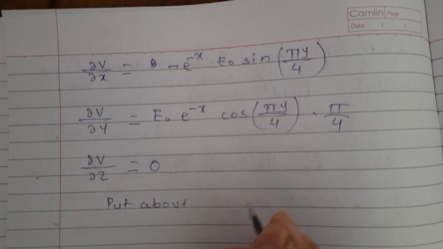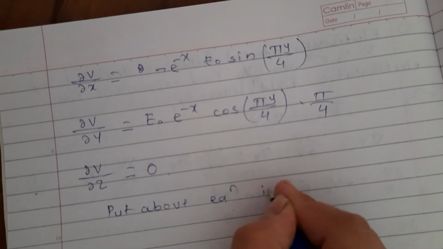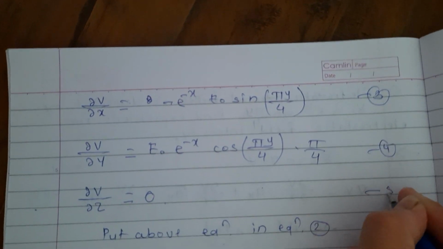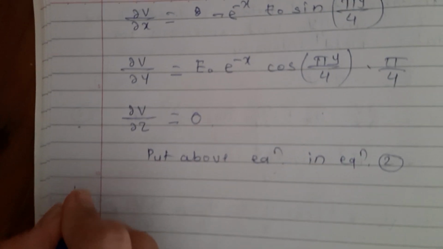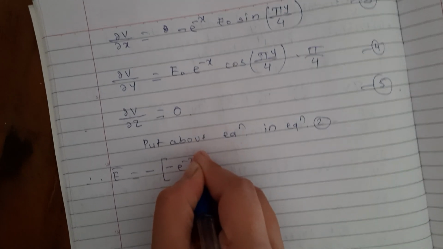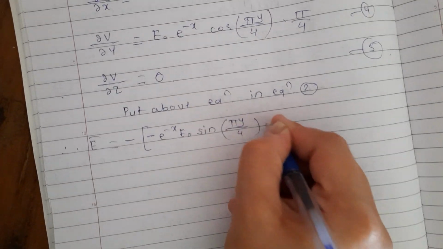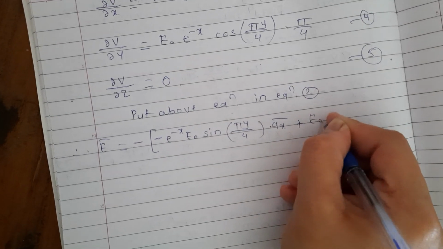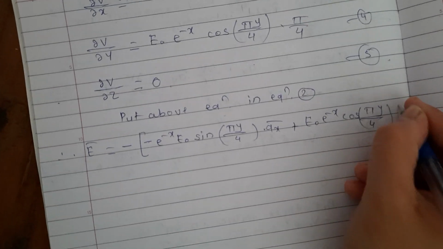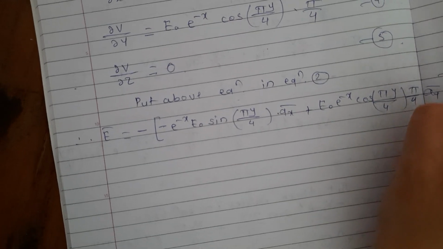Put the above equations in equation 2. This is 3, 4 and this is 5. So our equation is E bar is equal to minus of minus e raised to minus x E0 sine of πy by 4 ax bar plus ay bar plus 0.